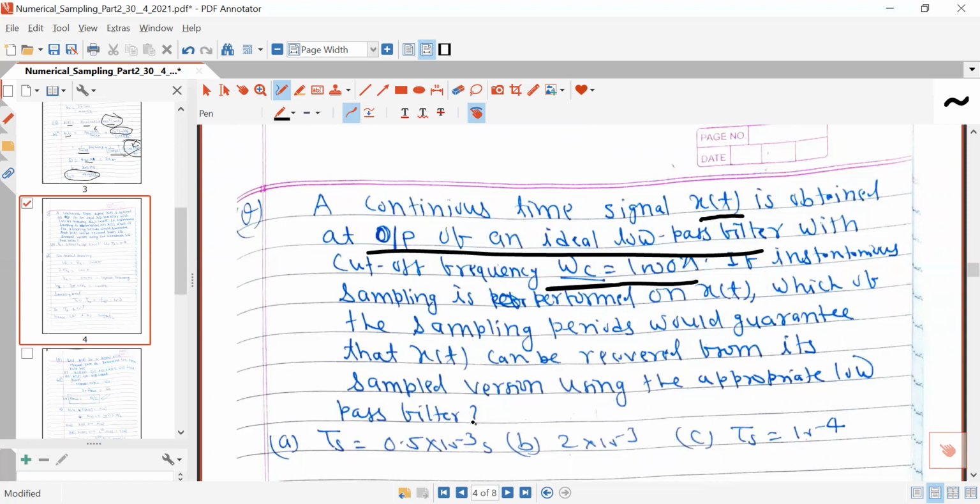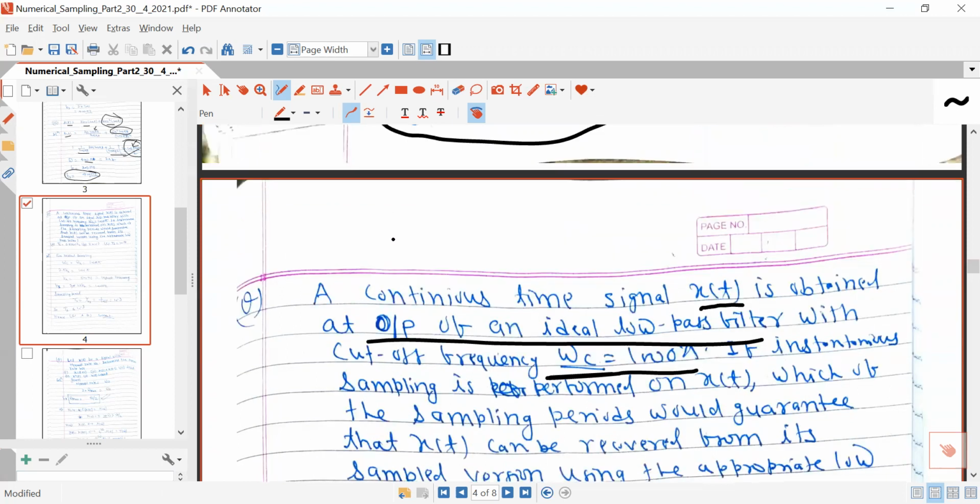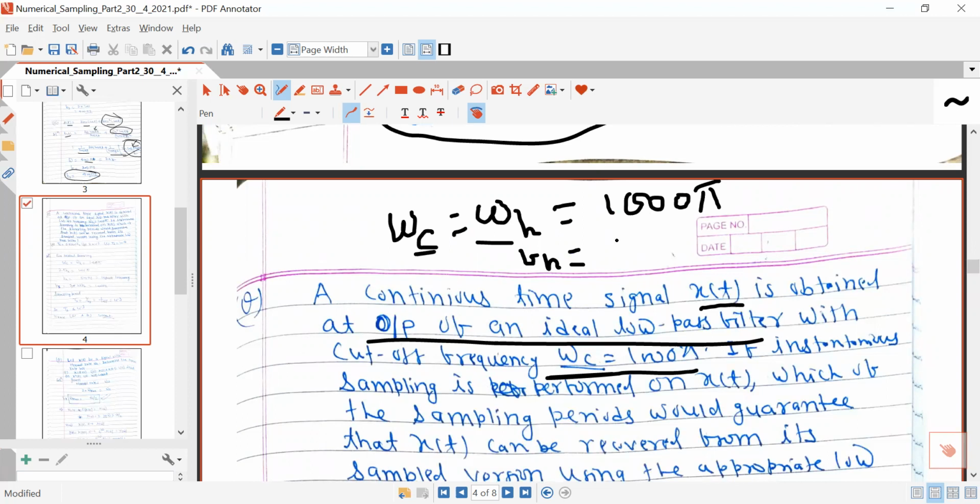This is an ideal low pass filter, and for an ideal low pass filter, the cutoff frequency and the maximum frequency component present in the signal are equal to each other, which is given here as 1000 pi. And from this, you can get the value of the maximum frequency component fh. This is angular frequency, which is equal to 2 pi f. And from this, you find the frequency in hertz, which is 500 hertz here.